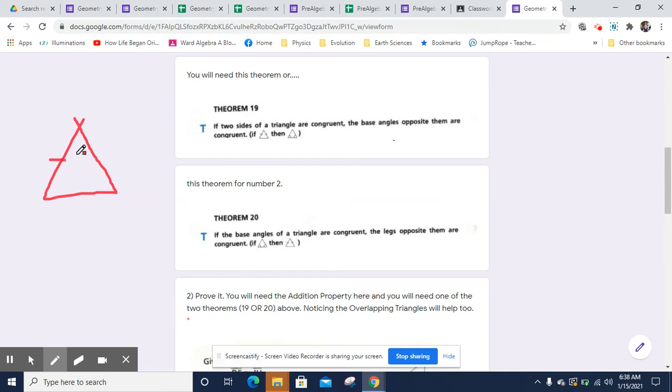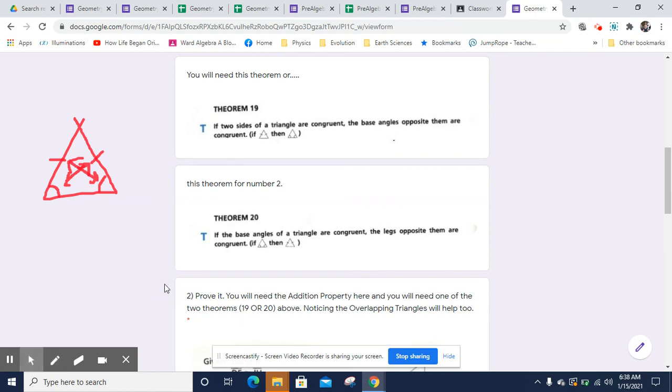If this side is congruent to this side, then the angle opposite it is congruent to this angle here. And this theorem is reversible: if the base angles of a triangle are congruent, then the sides opposite them are also congruent. Sometimes theorems are reversible.